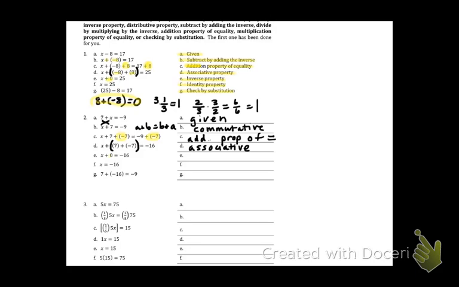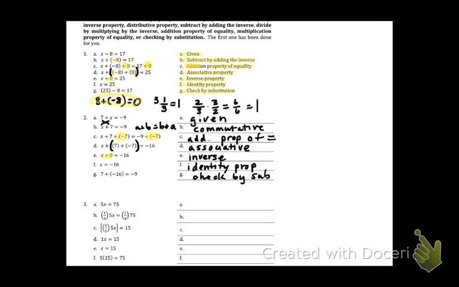So that's using the inverse property. Next, x plus 0 equals -16. That means x without the 0. It retains its identity, so that is the identity property. And finally, you check by substitution.